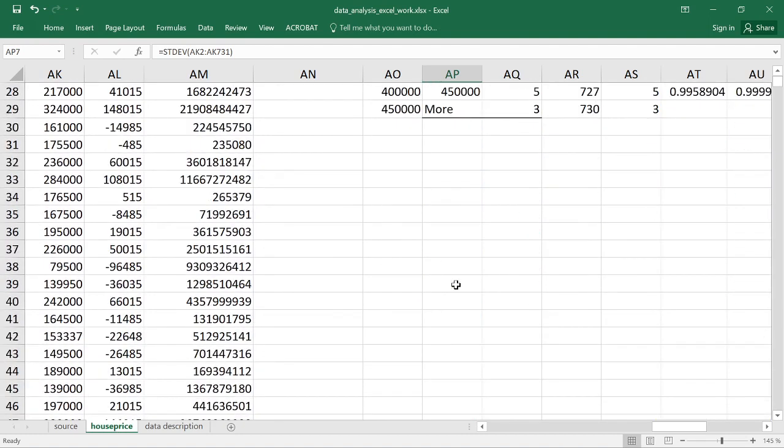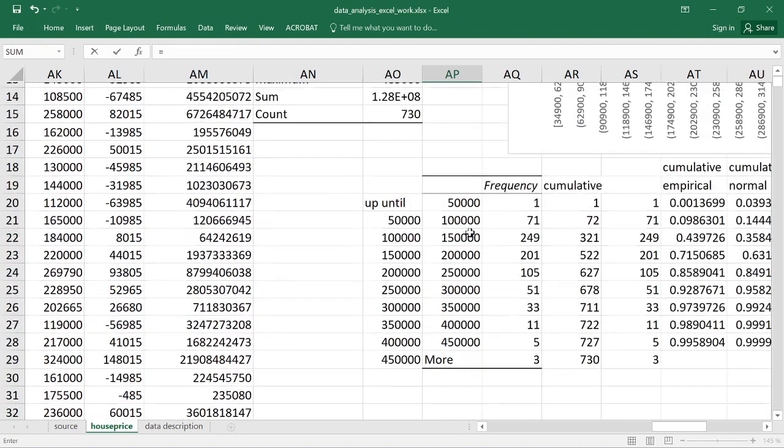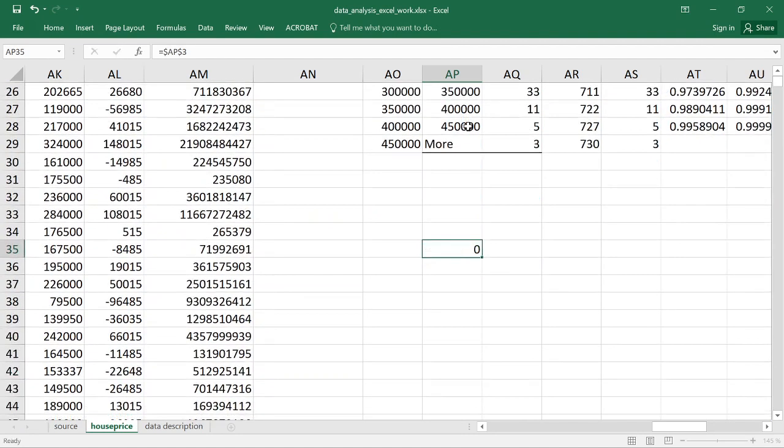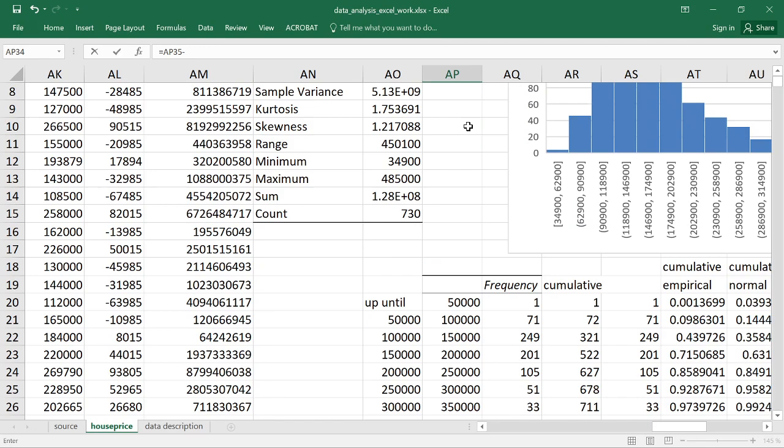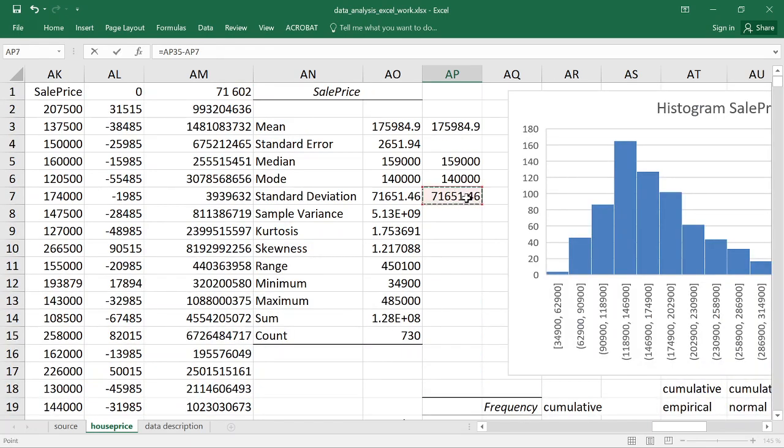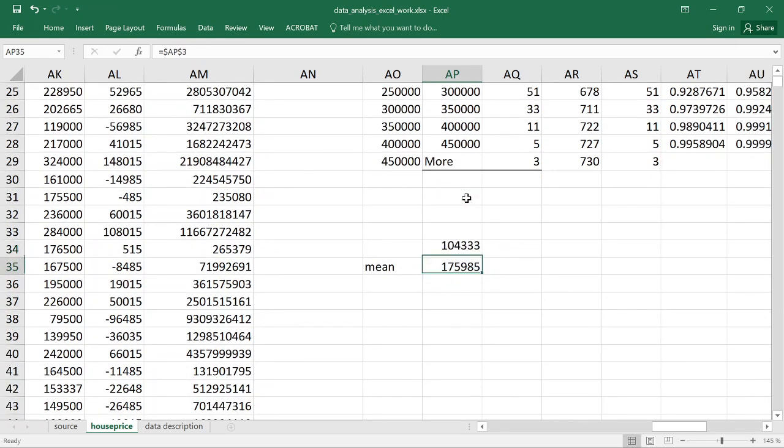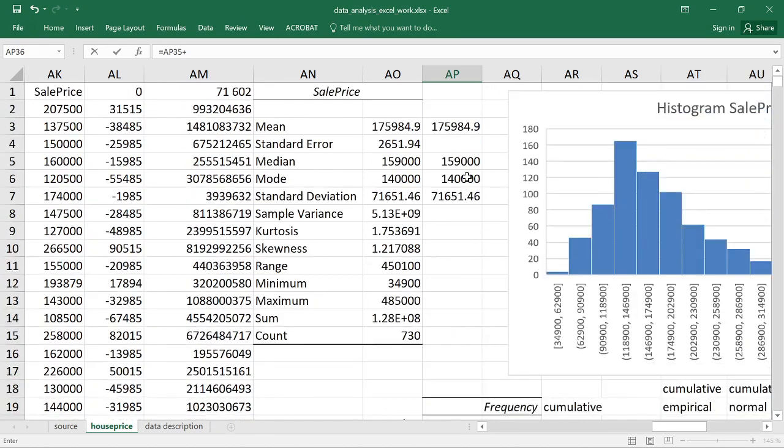I start by computing the first rule of thumb using the mean, and that first rule says there's a range between the mean minus one standard deviation and the mean plus one standard deviation.